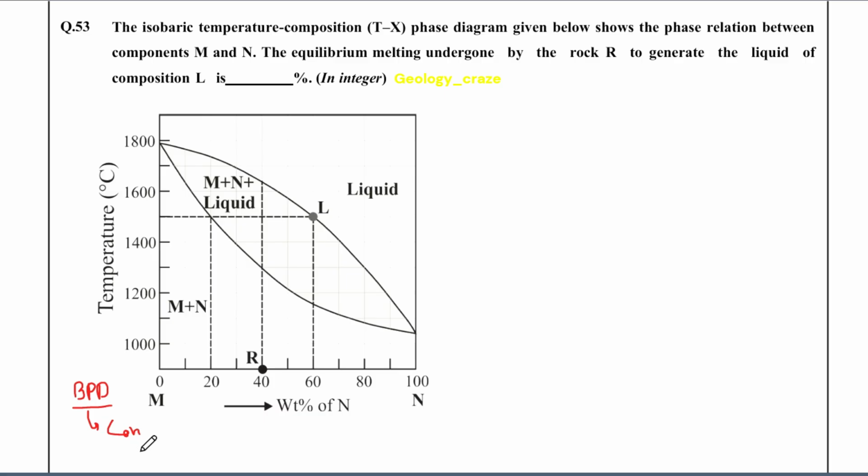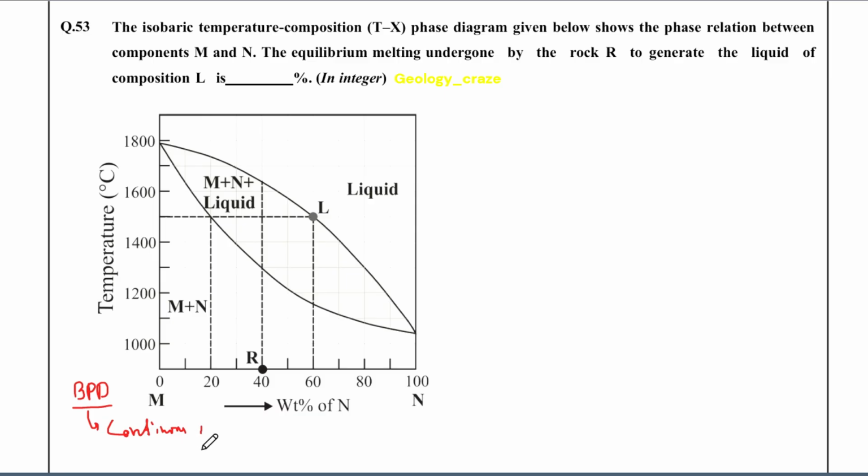It is continuous. In Bowen's reaction series, we have seen a continuous and a discontinuous reaction series.